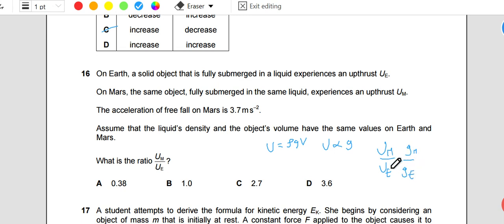So we can say that UM equals UE times the ratio between the two. We'll just divide this by that, and the answer will be found.